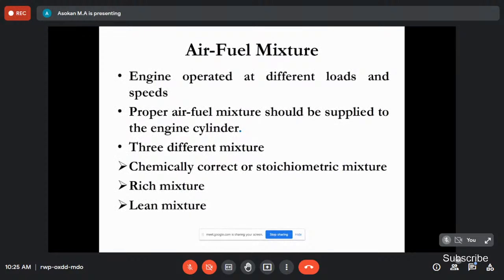What is the purpose of the carburetor? It mixes the air and fuel in the correct proportion, because the engine operates at different loads and different speeds. For a particular load and speed, the correct amount of air fuel mixture is supplied to the engine.